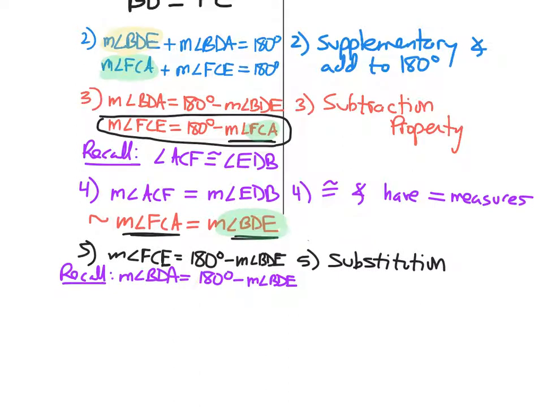So now I can state that in step 6, measure of angle FCE would be congruent to the measure of angle BDA, also by substitution.